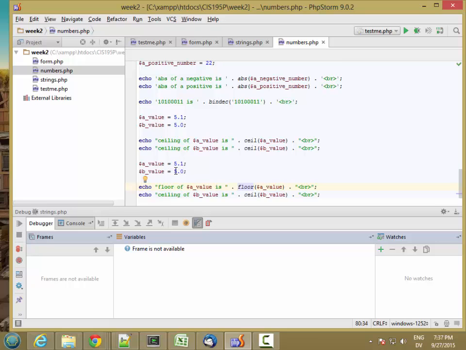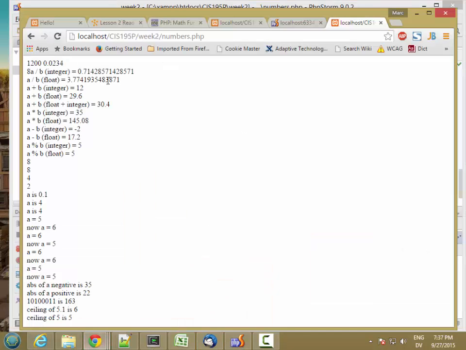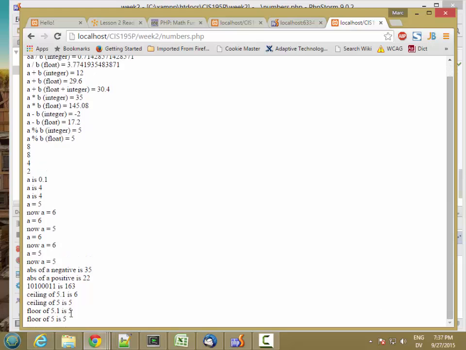And the largest whole number that's less than or equal to 5.0 is 5 even as well. So these should both be 5. So the floor of 5.1 is 5, floor of 5 is 5.